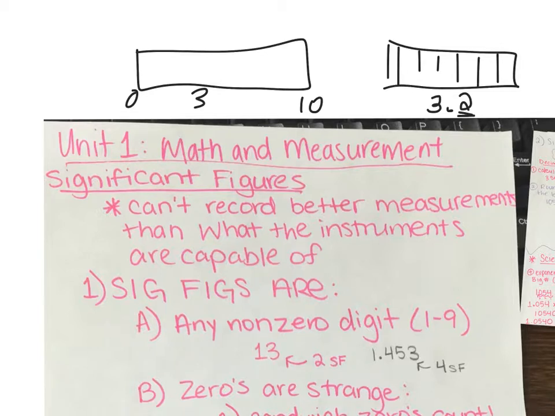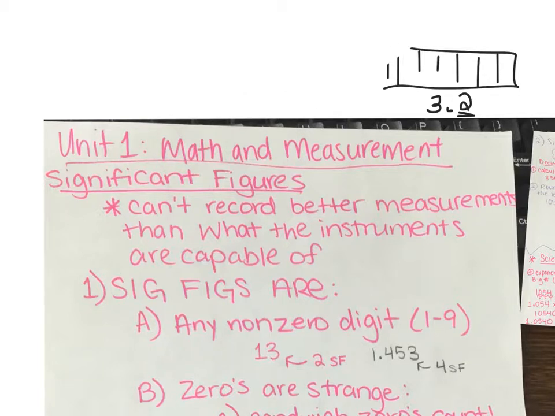And what that led us to for today was that those numbers that you're looking at, when you do that kind of measuring the right way, where you estimate that last digit, you're creating those significant figures. And so now what we're focused on is, if you have data in front of you, how are you going to recognize what are significant figures and what aren't, as well as how to do the calculations with them.